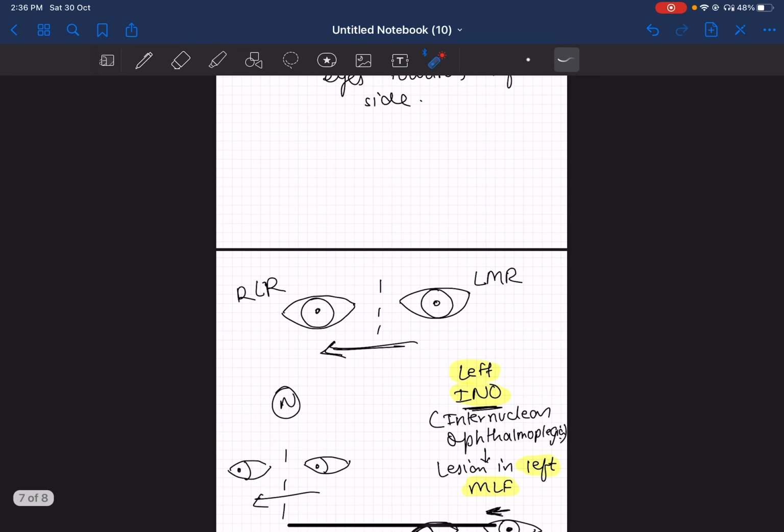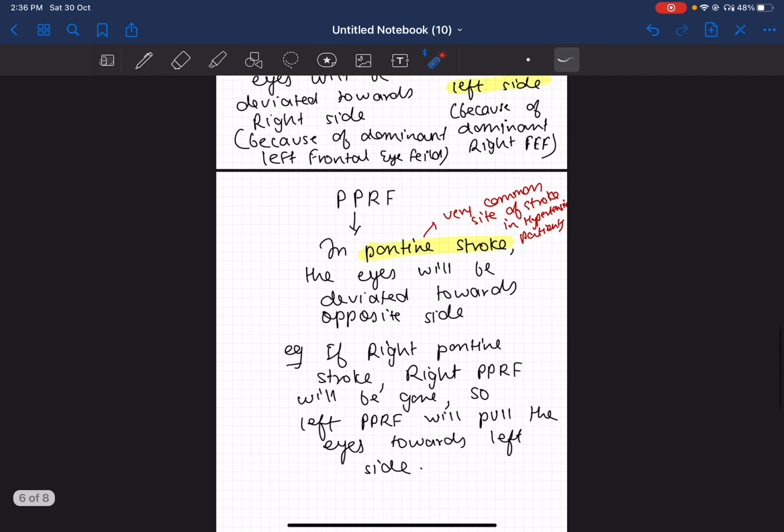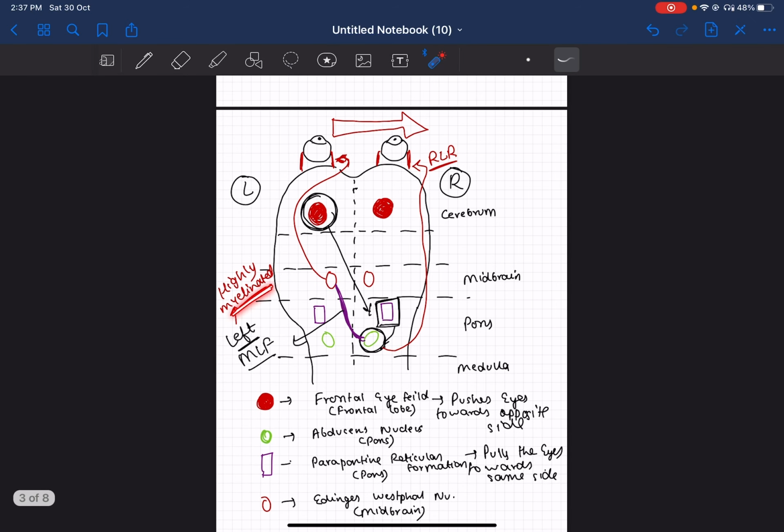Okay. Now let us look at the last topic of today, that is left INO or internuclear ophthalmoplegia. As I said earlier, the MLF is highly myelinated to facilitate speedy conduction of impulses between these two nuclei, the abducens nucleus and the oculomotor nucleus.